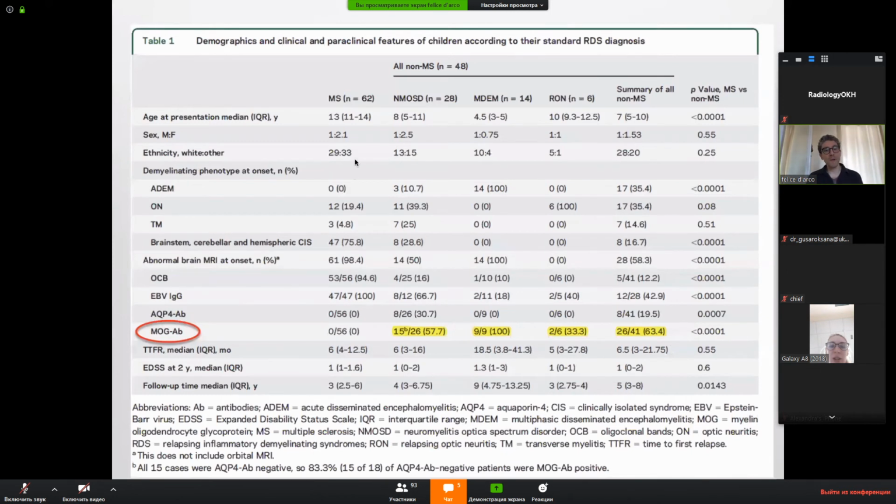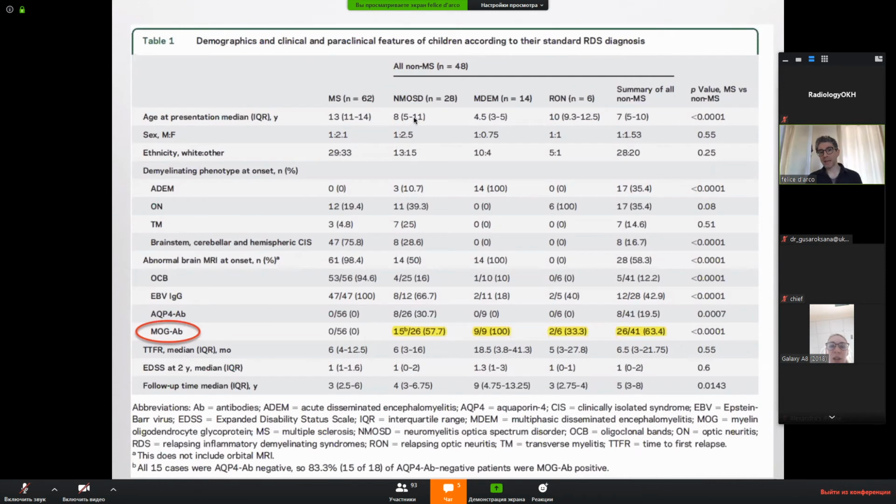Look at that. MS children, neuromyelitis optica spectrum disorder. This is a clinical radiological diagnosis of children with inflammation of the optic nerve, so optic neuritis plus cord involvement, and then multiphasic ADEM and isolated optic neuritis.